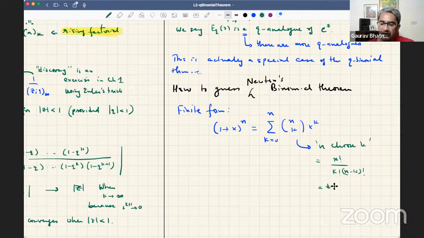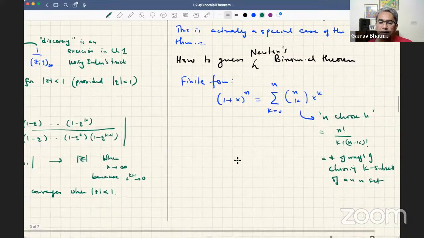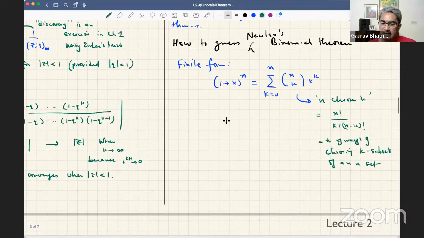It's the number of ways of choosing k objects, k-subsets of an n-set. Right, and this we want to generalize.